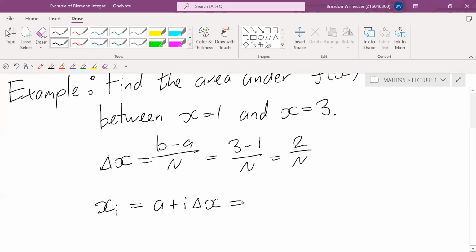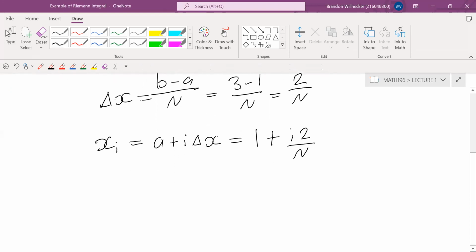Technically speaking, you should prove that this works for any choice of sample points, but you can just take it as we know it works for any sample points. So let's just use this one. So the lower bound a, that's going to be 1 plus r, and then delta x, we know that is 2 over n. Okay, so that's xr. That is our sample point.